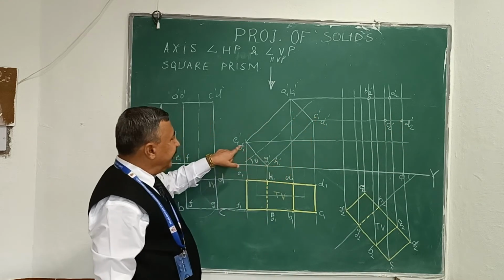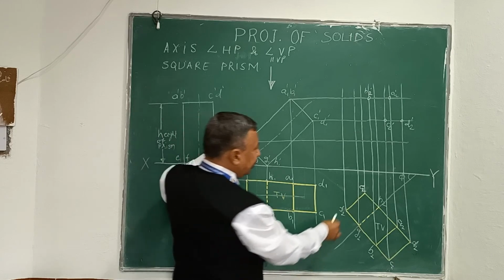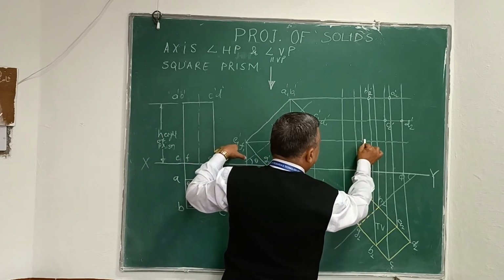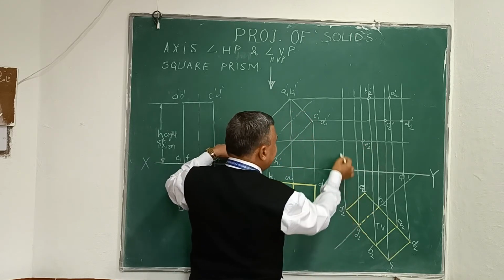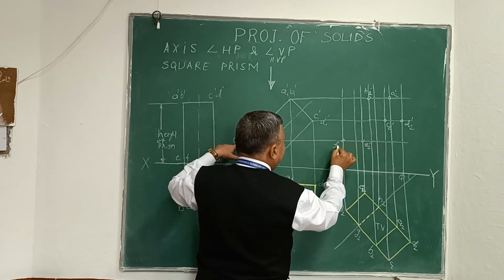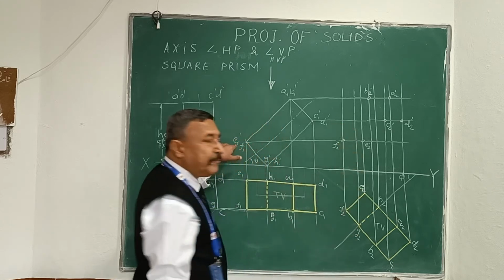Like this, E and F. This is E, which gives you E2 dash, and F gives you F2 dash.